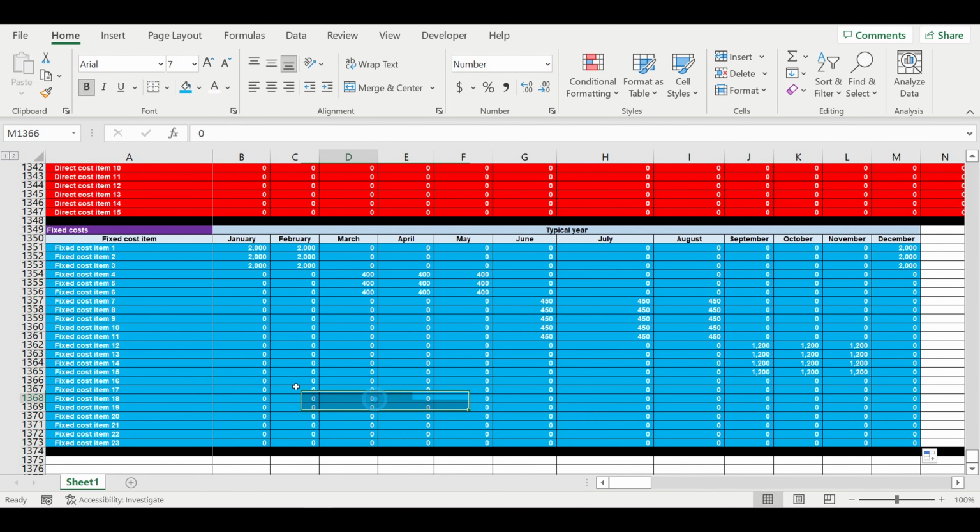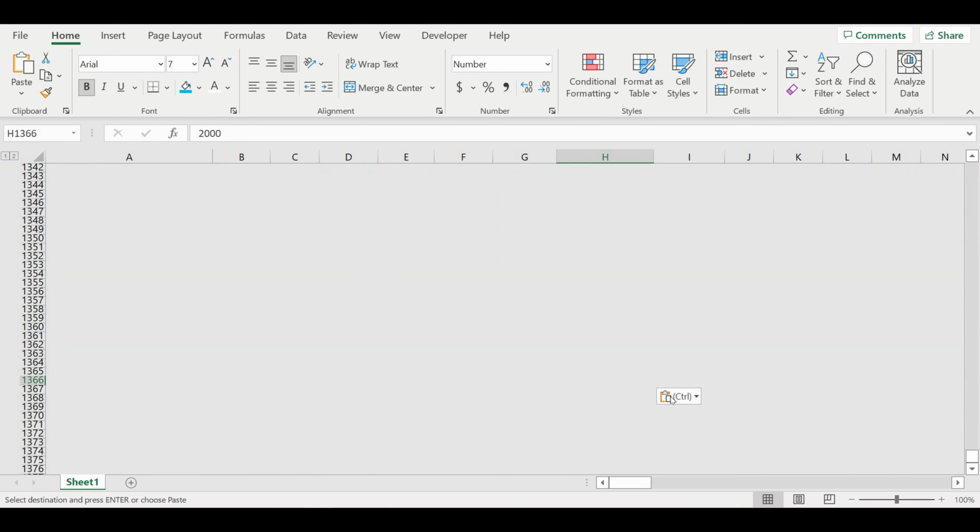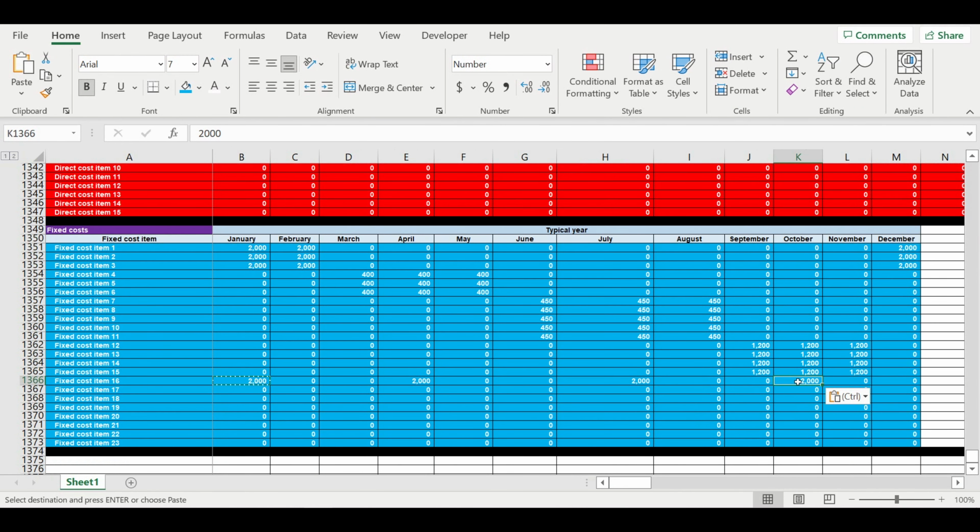We may face situations when some fixed cost items are paid once a quarter, for example: 1 2 3, 1 2 3, 1 2 3, 1 2 3.